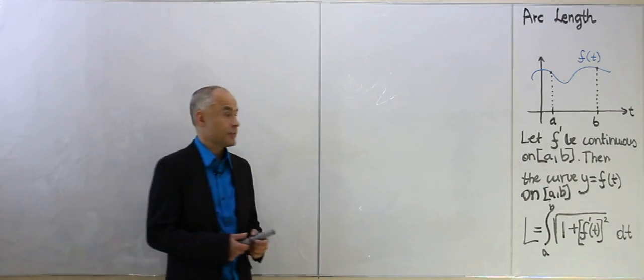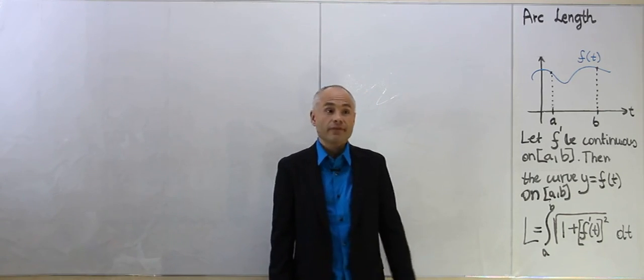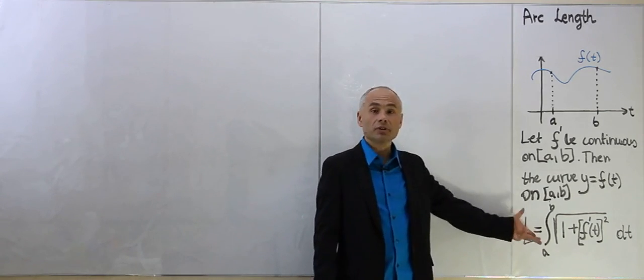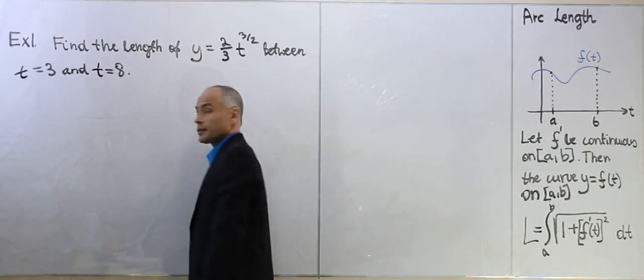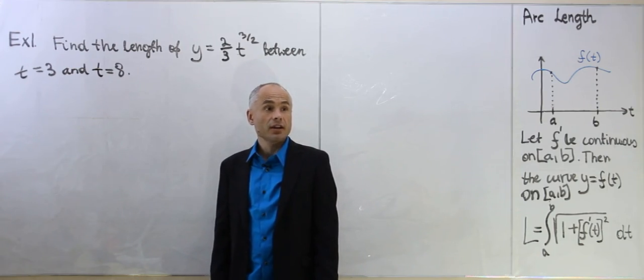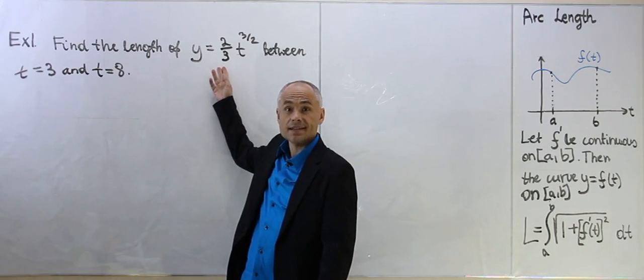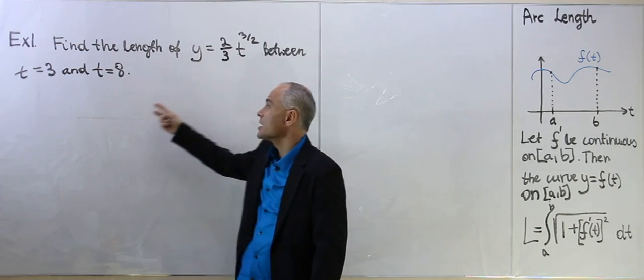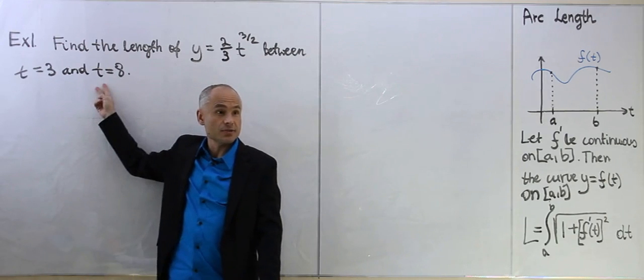Let me start with a very basic example, and then I will define formally the arc length, and I will derive this formula. In our first example, let's calculate the length of this curve, 2/3 t to the power 3/2, between t equal to 3 and t equal to 8.